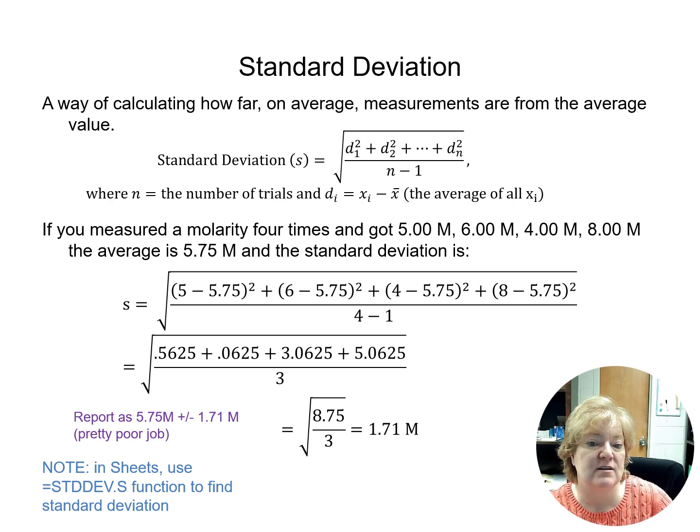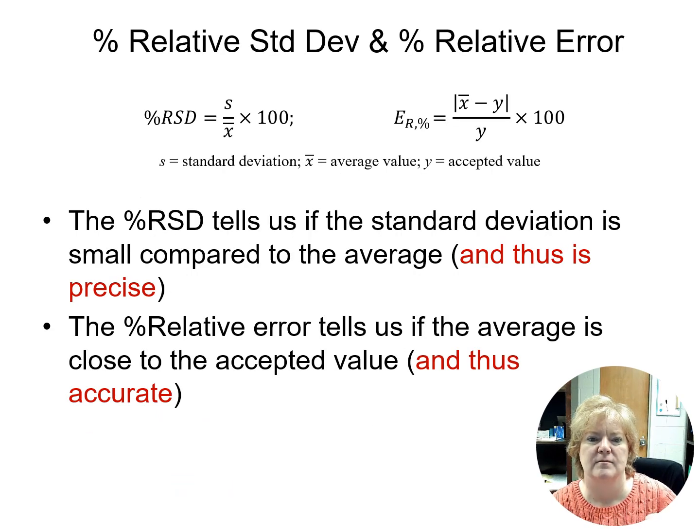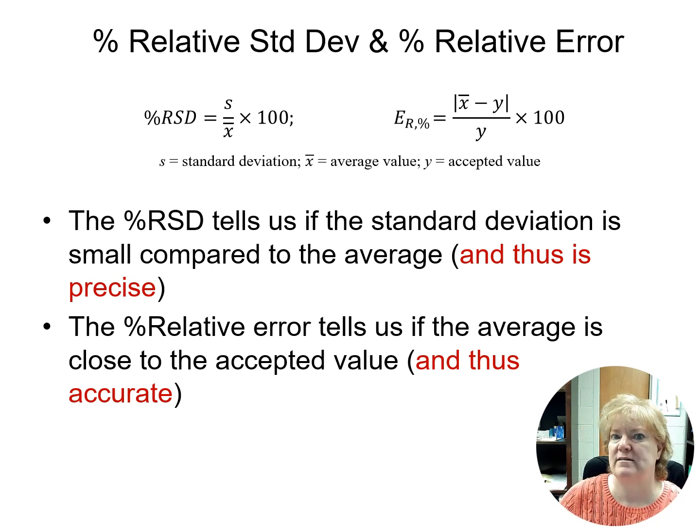Don't forget that there is also a percent relative standard deviation. Percent relative standard deviation is where I take my standard deviation and I divide it by the average. It's like, how big is this standard deviation compared to the size of my number? In other words, if I was off by $1, I'd say, well, was that good or bad? I counted up a set of money and I was off by $1.